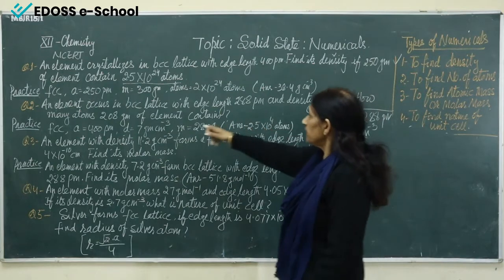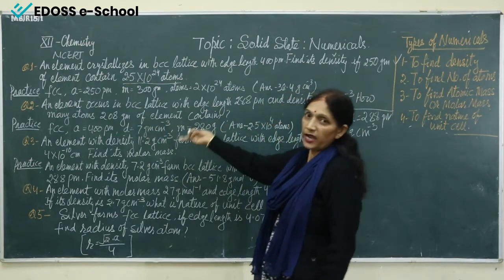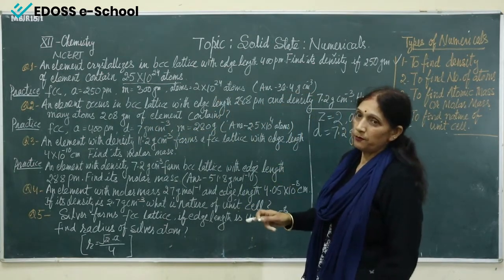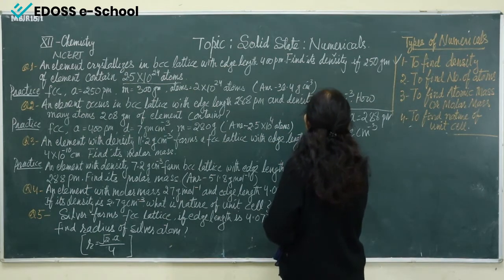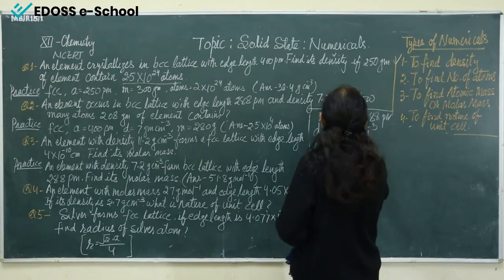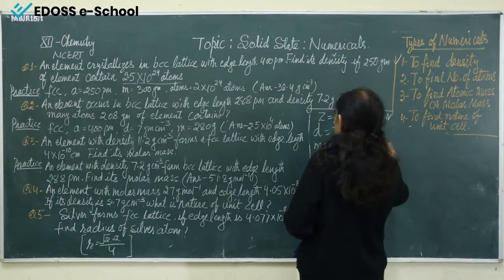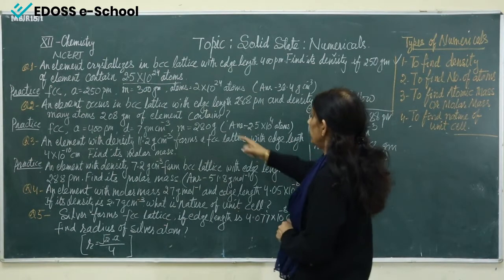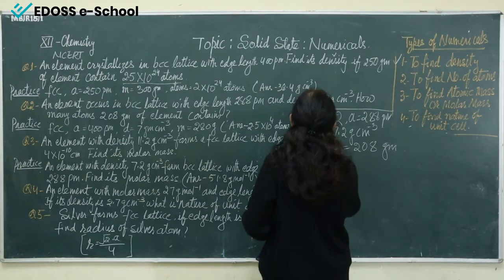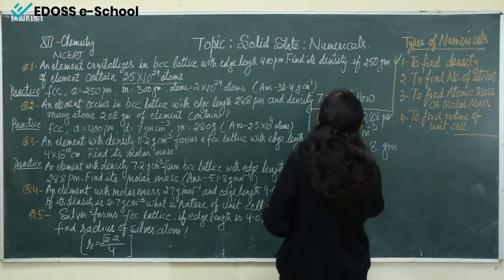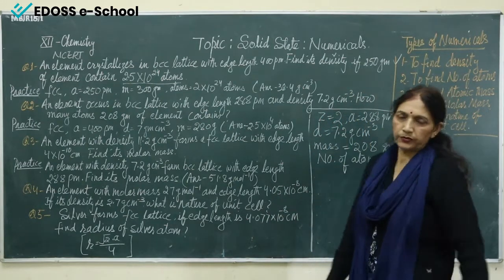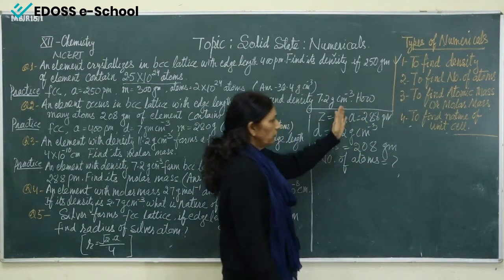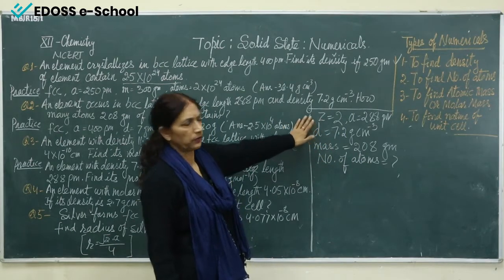And how many atoms do 208 gram of element contain? Now here mass is given and you have to find M. Okay, so we can write here mass is given here. Mass is 208 gram and number of atoms you have to find. This is the question. Okay, now same way, first of all we will write the formula.